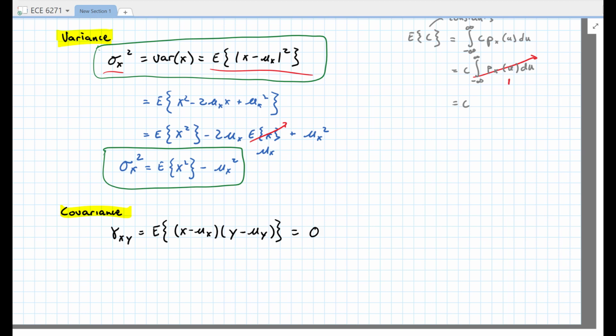And we'll just define this as phi xy, which would be the correlation, minus mu x mu y. This is often called the prediction power, or referred to as the prediction power with mean removed.